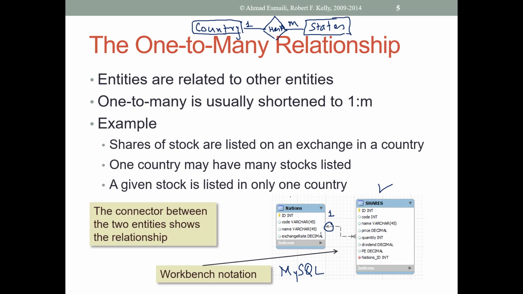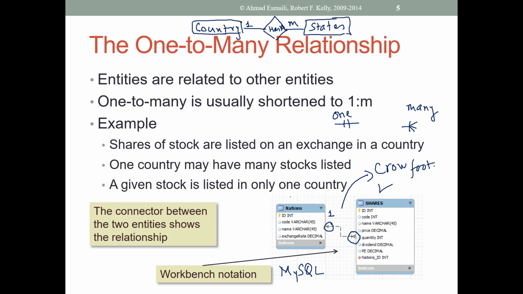In this relationship between nations and shares, one instance of nation is associated with multiple, right? So when you see a notation like this, it means one, and when you see a notation like this, which we have right here, it stands for many. This is one, and this notation that you're looking at is called Crowfoot.